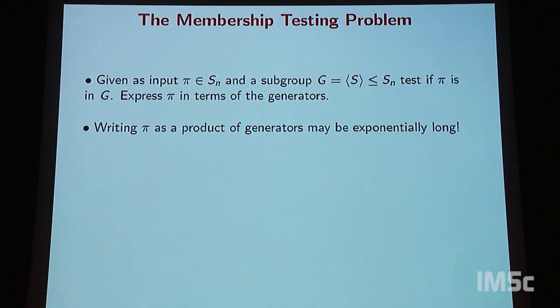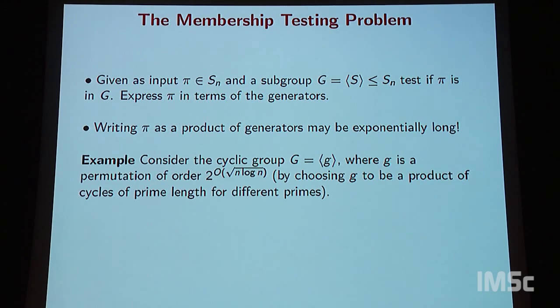For example, even in this trivial case, suppose G is a cyclic group generated by this carefully chosen permutation g, where g is a product of disjoint cycles of different prime lengths. What is the order of a permutation which is, say, a product of cycles of length n1, n2, nl?